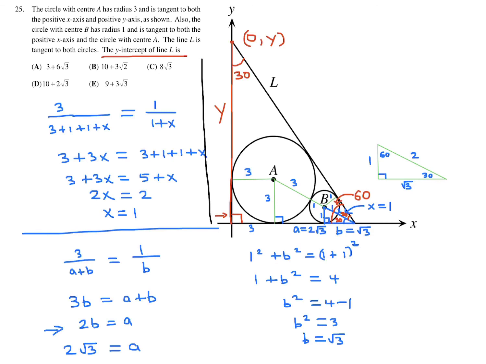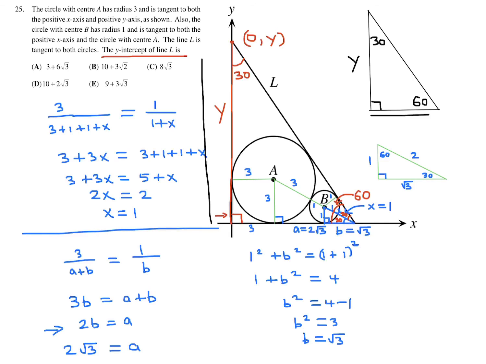Now how do we figure out y? Well, we have a 30, 60, 90 triangle, correct? And we can use the ratio of the sides. So I'll draw it here without messing up the diagram again. So we have this triangle, and it has the angles 90, 60, and 30. And y is right here.